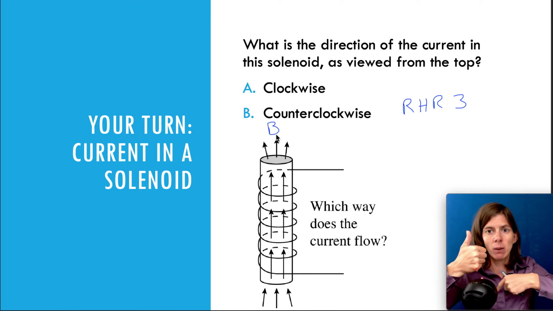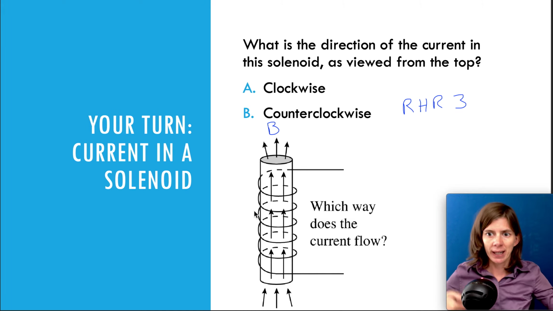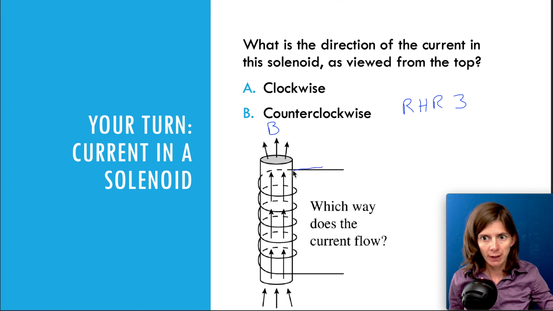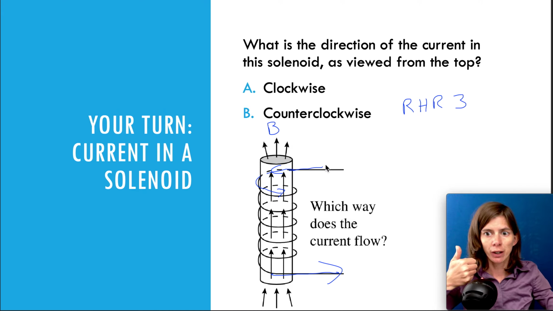So do the same thing with your right hand, curling the fingers around it. In the back, the fingers are looping to the left, and in the front, they are looping to the right. So your fingers curling this way corresponds to a current direction as shown here.